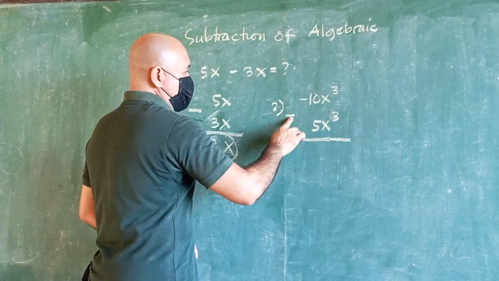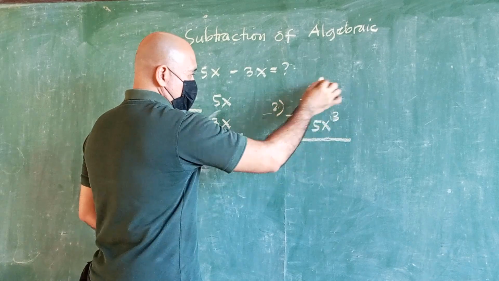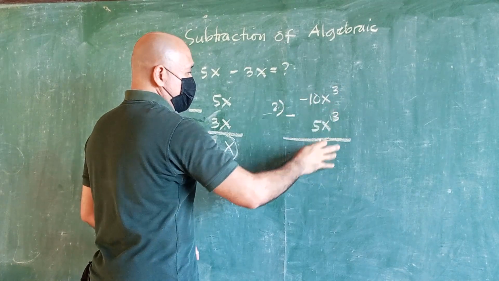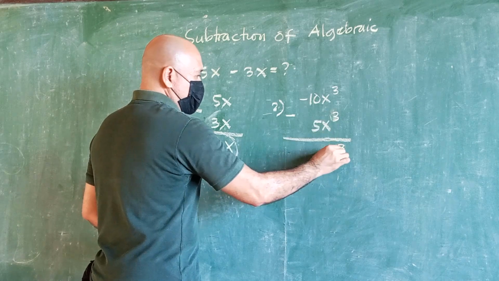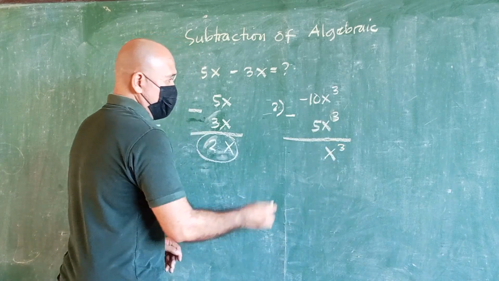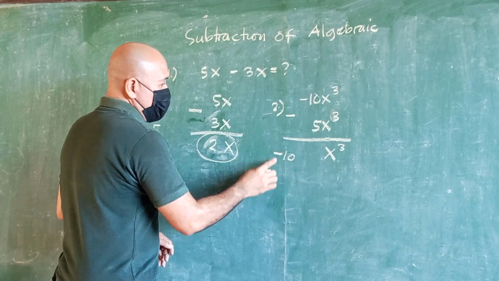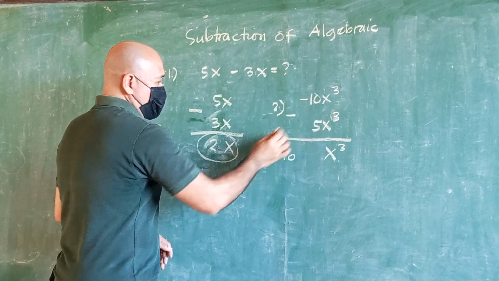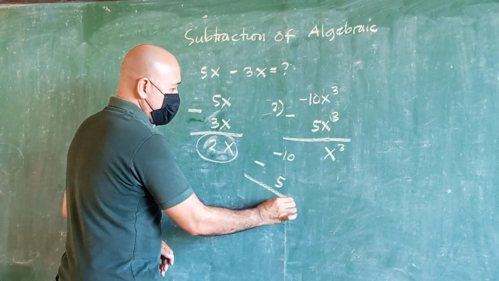Negative 10x cubed minus 5x cubed, since the given terms are similar, we just have to bring down the variable and the exponent, and then proceed to the subtraction of the numerical coefficients, that is negative 10 minus positive 5.